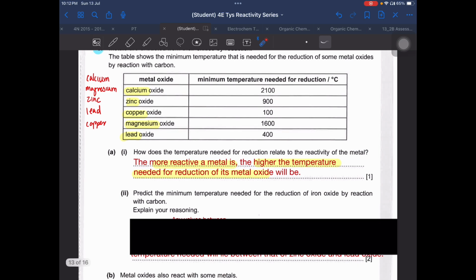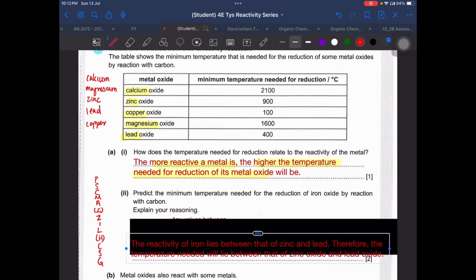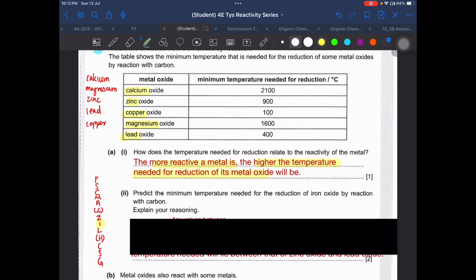Okay. Next, you are being asked to predict the minimum temperature needed for the reduction of iron oxide. So this whole setup doesn't include iron, but as a student, we do know that our reactivity series has a few elements over here. Right, so we can list out the entire thing, and we know that iron is definitely between that of zinc and lead. So what would this mean?